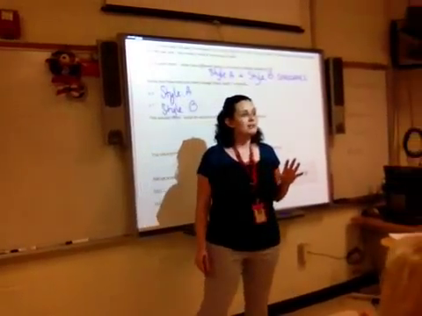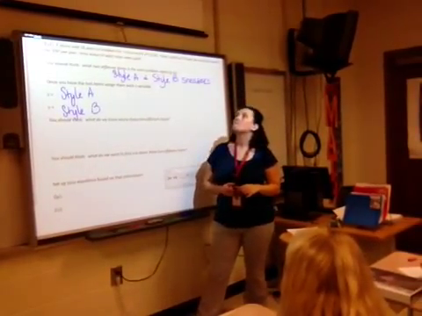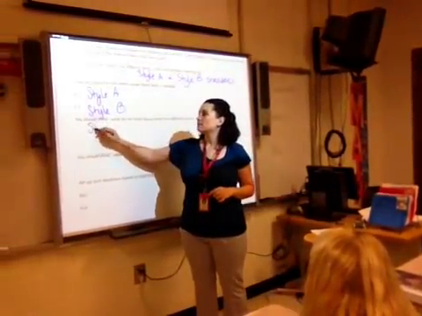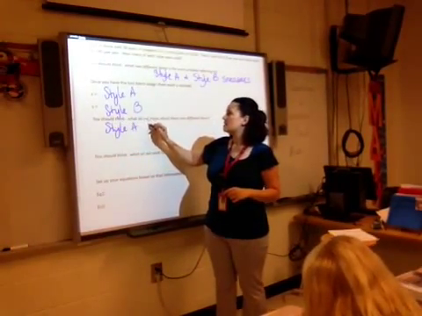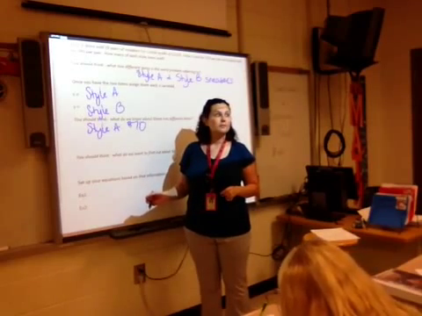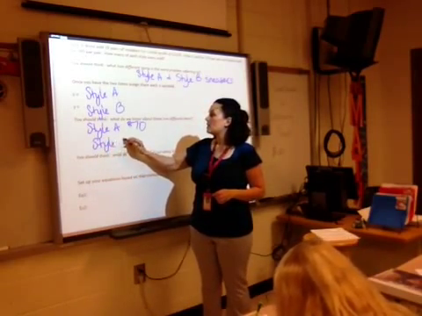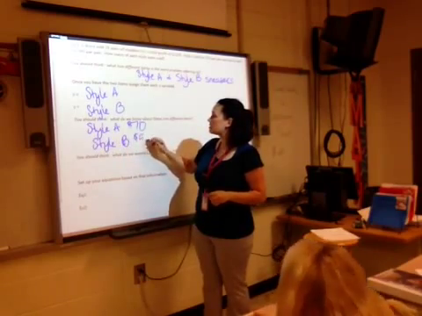Anybody look at the word problem and find something that could be important to us? Dejane. Right. How much is style A? Style A is $70. What else do we know from this word problem? Yep. Style B is $90.